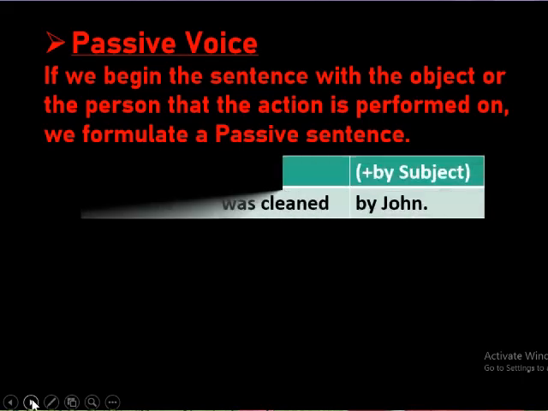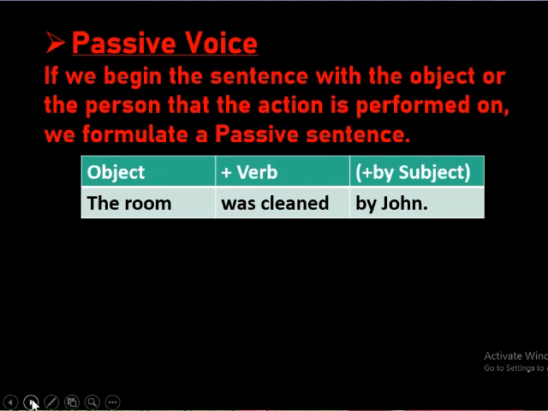For example, the room, which is object, has become the subject in this sentence, was cleaned, the verb, and John, by John, which is the subject, has become object in this sentence. So the complete sentence will be the room was cleaned by John.